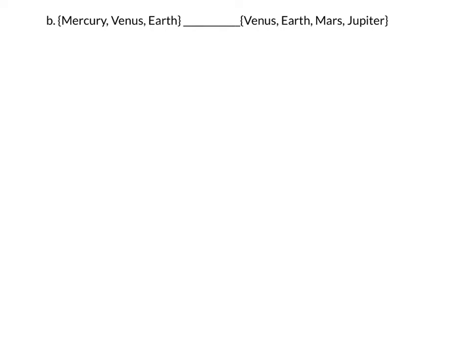Let's try just one more. Same directions. This is still example 3. Determine if it's a subset, proper subset, both, or neither. On the set on the left, we have the set of Mercury, Venus, Earth. On the right, we have the set of Venus, Earth, Mars, Jupiter. So first, we're going to see if it's a normal subset with the equals bar underneath the squished C symbol.